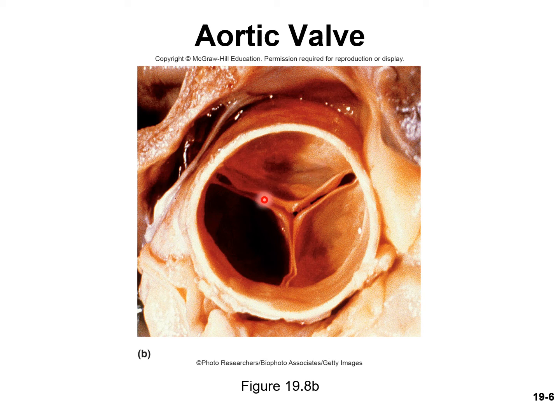And normally the most common faulty valve is the mitral valve. Mitral valve prolapse is a condition wherein the mitral valve doesn't shut close properly and it causes backflow or regurgitation.